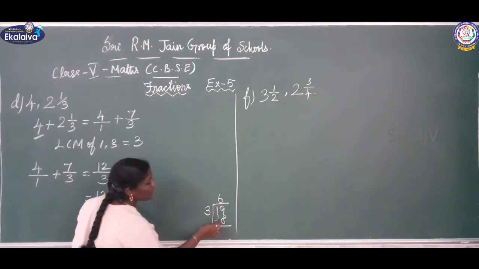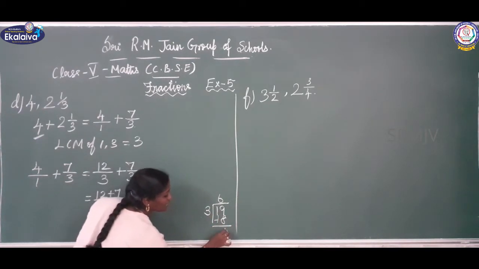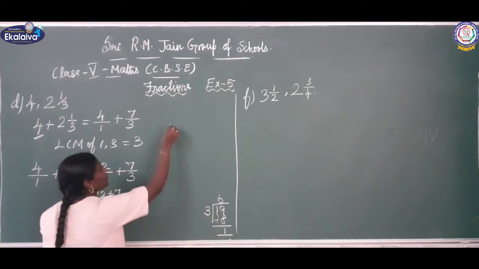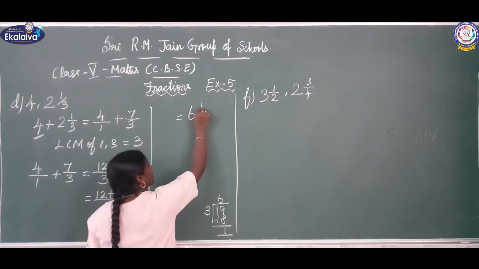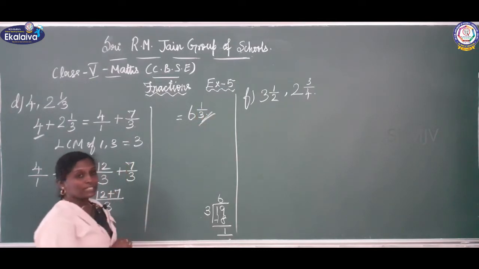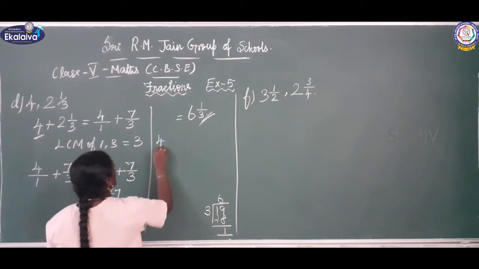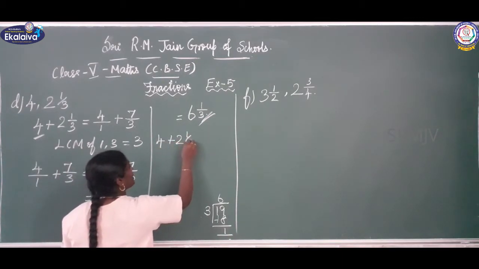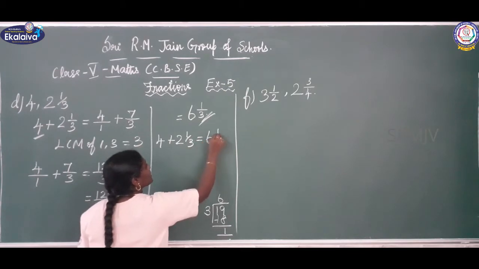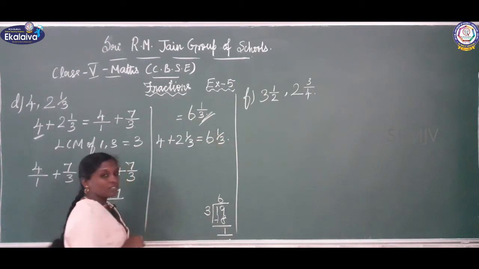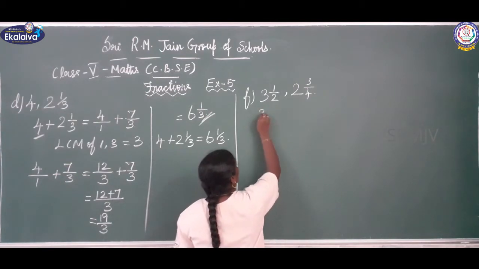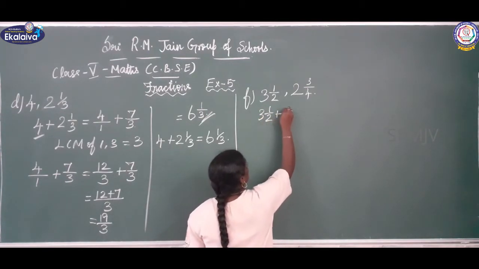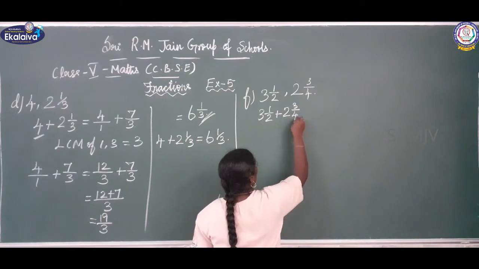Now we have to subtract. 19 minus 18 is 1. So we have to write in the form of quotient, remainder by divisor. So 6 1 by 3 is the answer. 4 plus 2 1 by 3 is equal to 6 1 by 3. Is it clear, children?